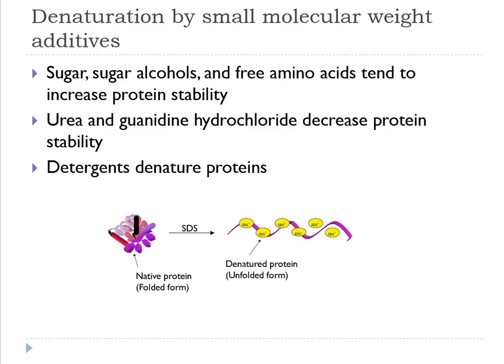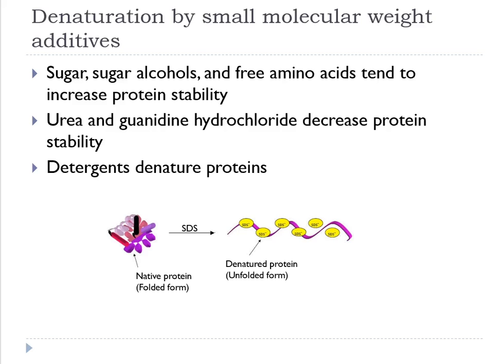They increase the protein's stability in aqueous solutions. Urea and guanidine hydrochloride decrease protein stability by disrupting the hydrogen-bonded structure of water. This makes water a better solvent for nonpolar residues.